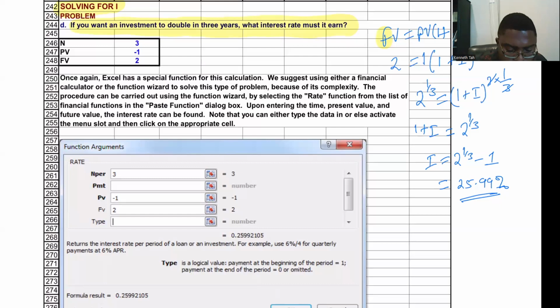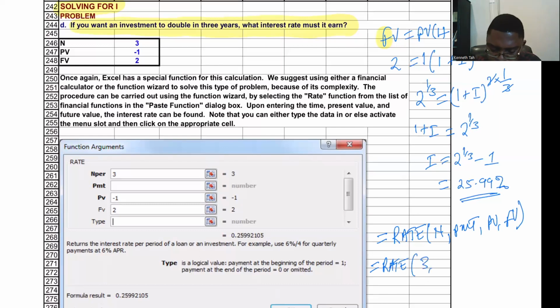Okay. So if I am using Excel, I'm going to basically take rate in Excel, which is the I function. So I'll type equal to rate, and Excel will recognize this and will want me to input number of period, payment, present value, future value.